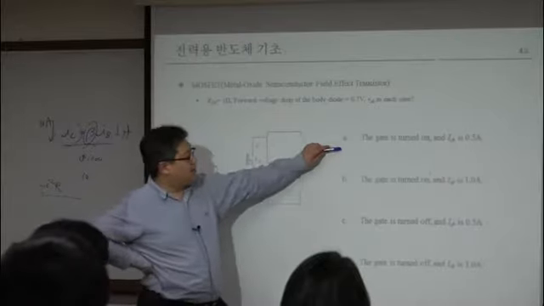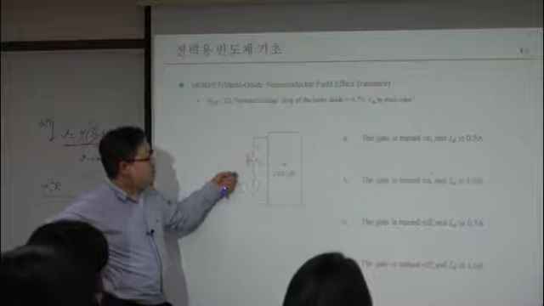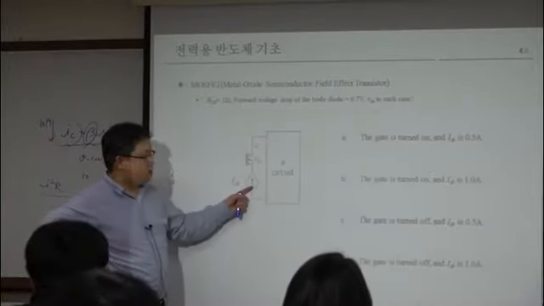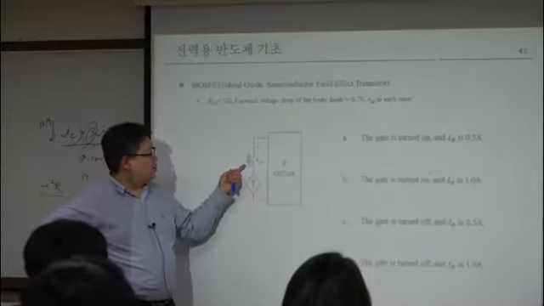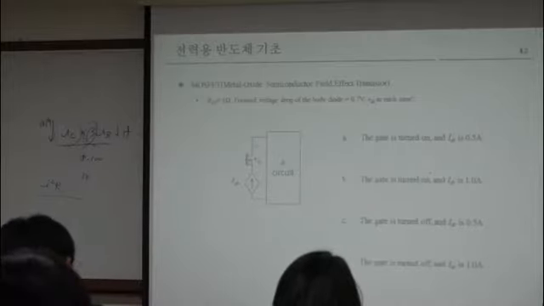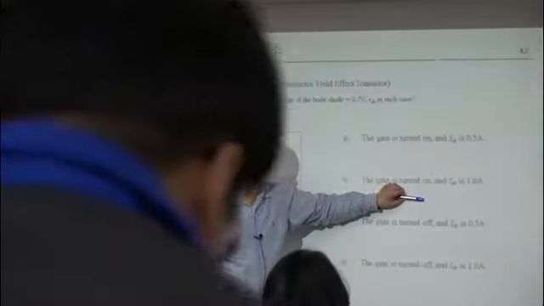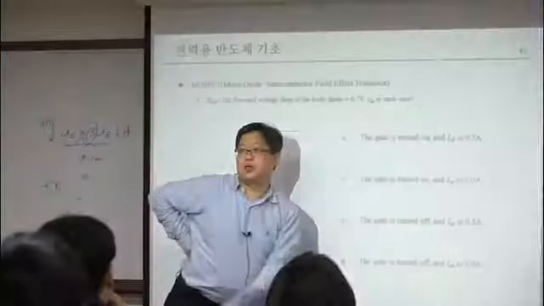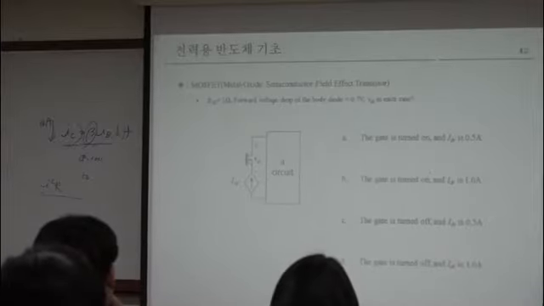Okay, case A. The gate is turned on and your IDR, that is the current source, is 0.5. Then what would be the VDS? Minus 0.5 volt, right? What about case B? The gate is turned on and IDR is 1 ampere. Then what is the VDS?